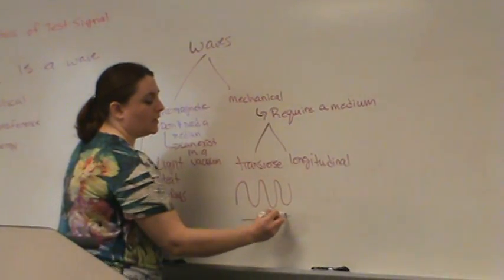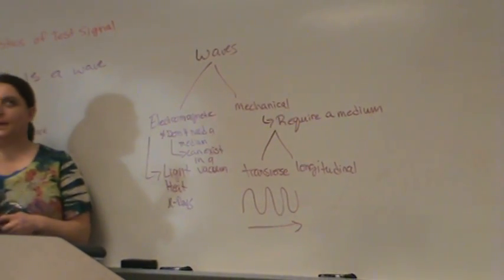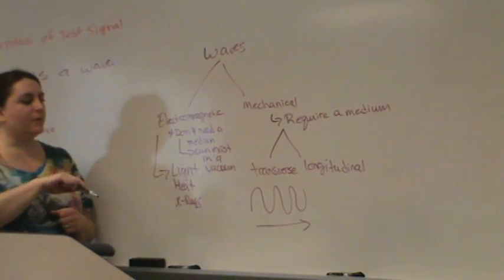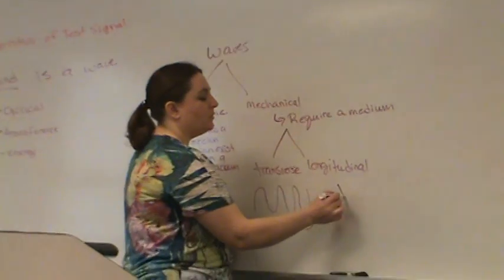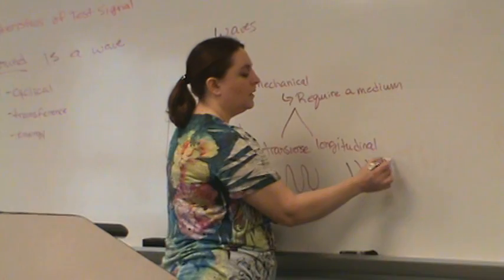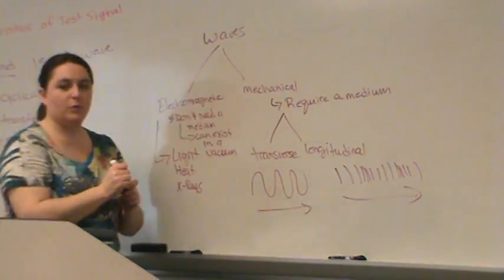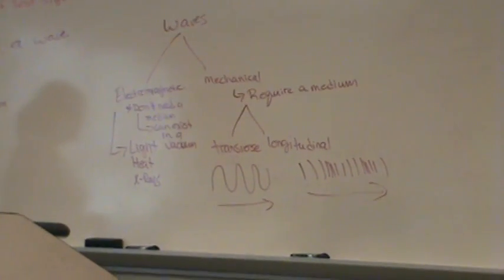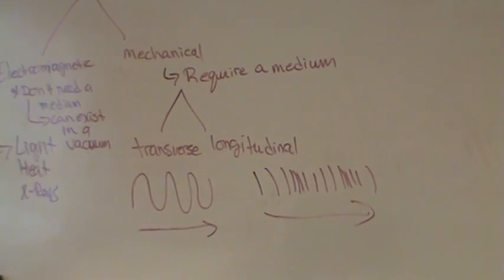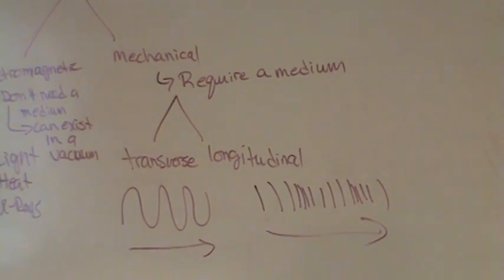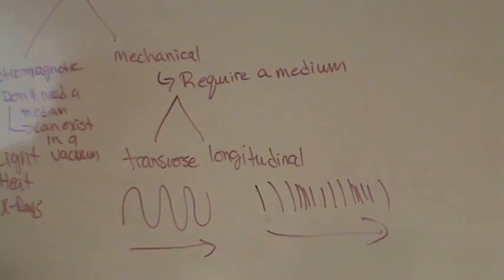Here's the direction of wave propagation, and the motion of the particles in the wave moves perpendicular to the motion, whereas in longitudinal waves, the movement of the particles is parallel to the direction of wave motion. We draw all of our waves as transverse waves just because it's easier to draw them. But remember, sound is a mechanical longitudinal wave.